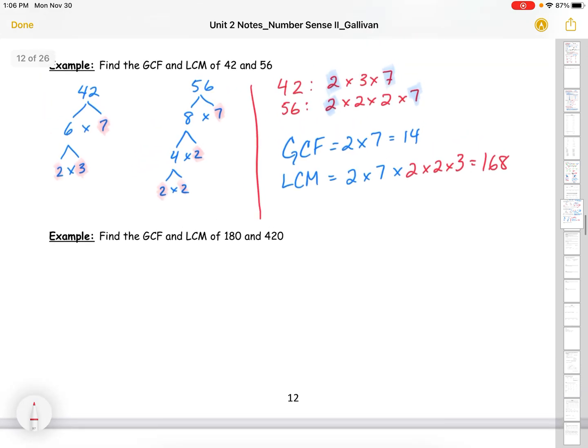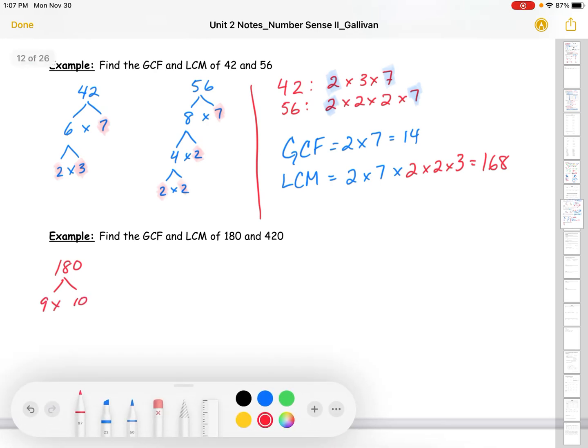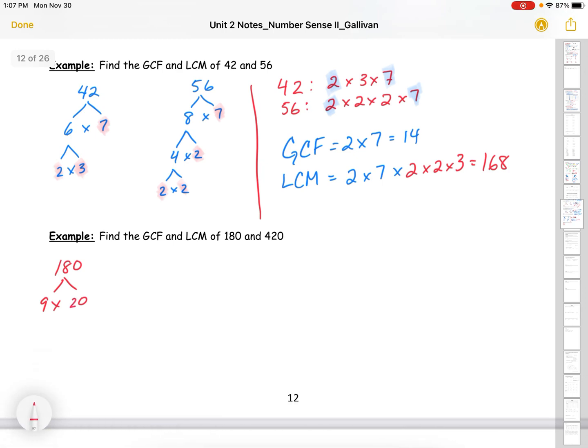Okay, let's do another example because, I mean, the idea that we could learn it all in one example is kind of silly. So we're going to do our factor tree. So 180. 180 is 9 times 20.